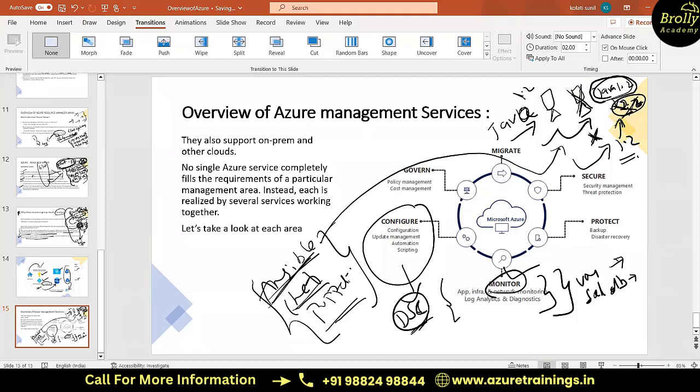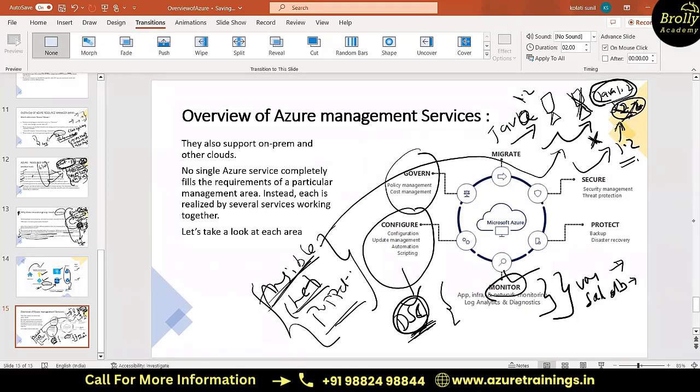They're providing DSC, configuration management. We are going to see how to use this configuration tool. And coming to govern, we have to check our services. What are all the infrastructure and applications, are they based upon industry standards?